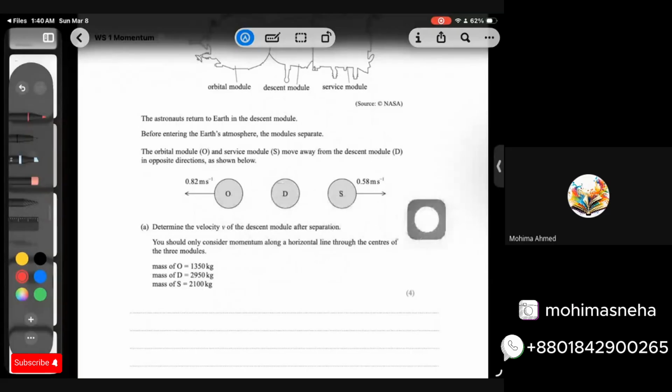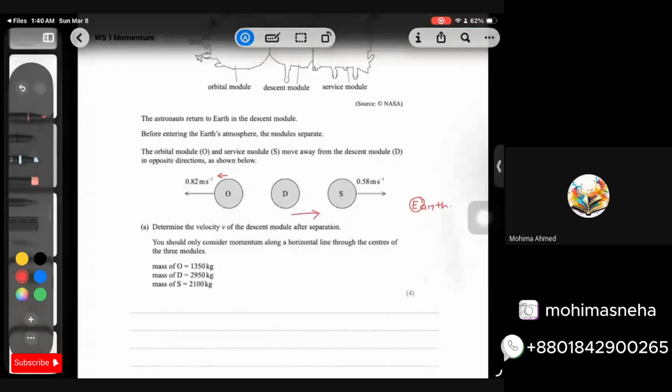As the first thing to understand, if D is falling on the Earth, I understand why O moves in this direction, because if O moves in this direction, it will provide a downward force on D that will cause the descent module to move towards the Earth's atmosphere. But why does S move in this direction? Can you tell me? Not quite related to this question, but if O is moving in the upward direction, we are considering this is where Earth is, on the right hand side.